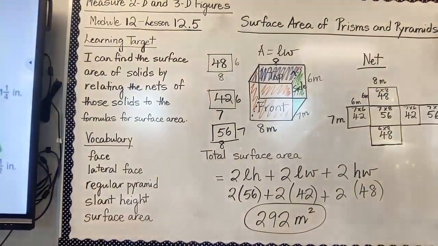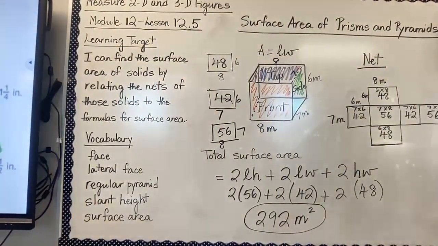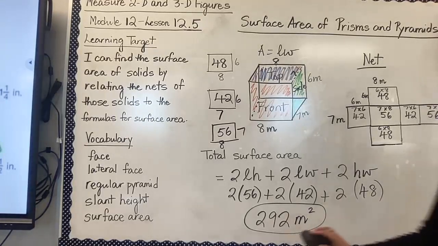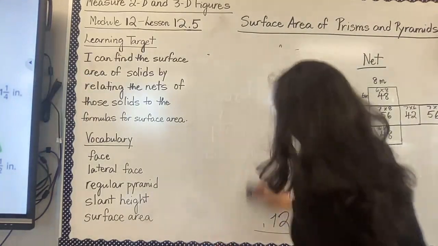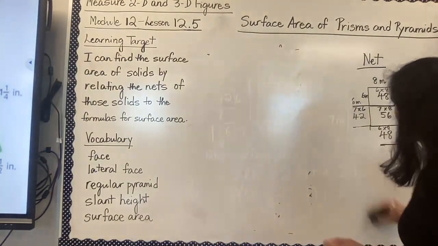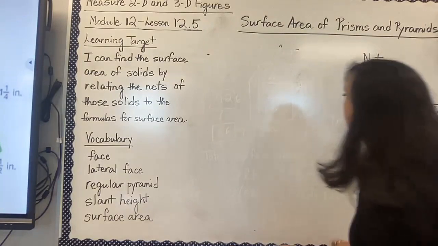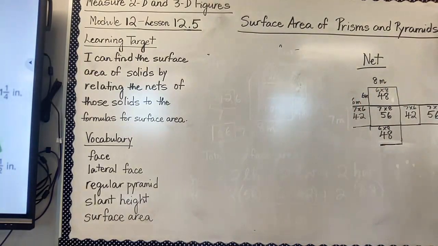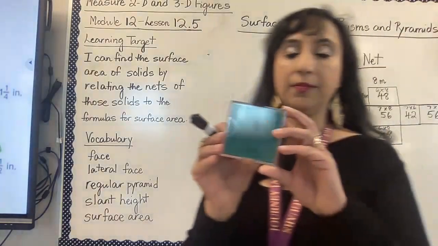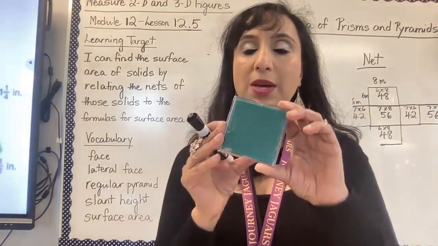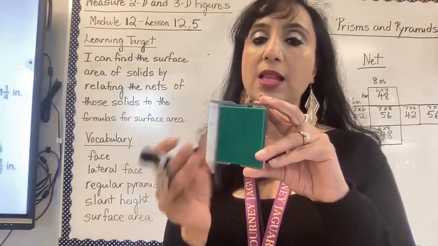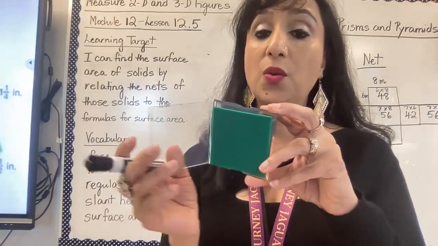Okay, a regular pyramid is a pyramid whose base is a regular polygon. Let me take this one for example. This is a regular pyramid. The base is a polygon, and as I can see, this is a square.